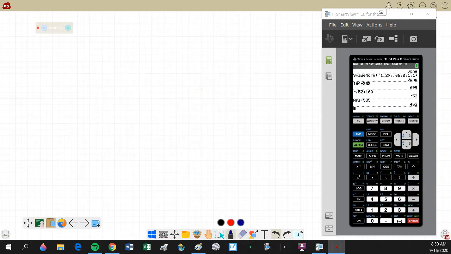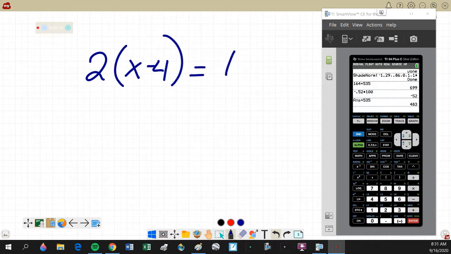So what if I had this? Okay. So look at x. So everybody look at the x. What is the first thing that hits the x? No, not the 2. Remember PEDAL.